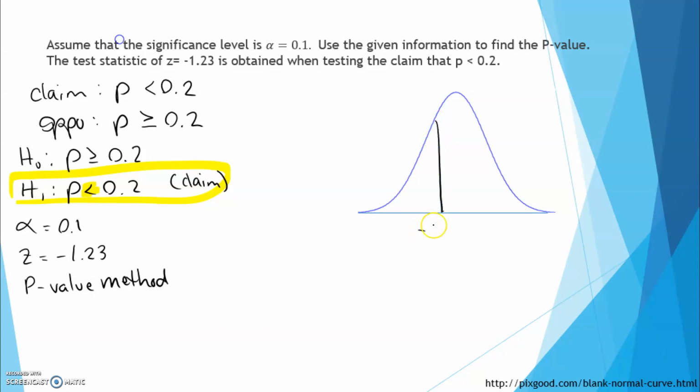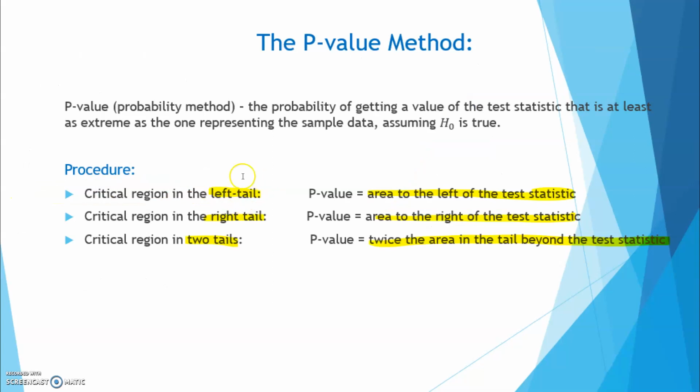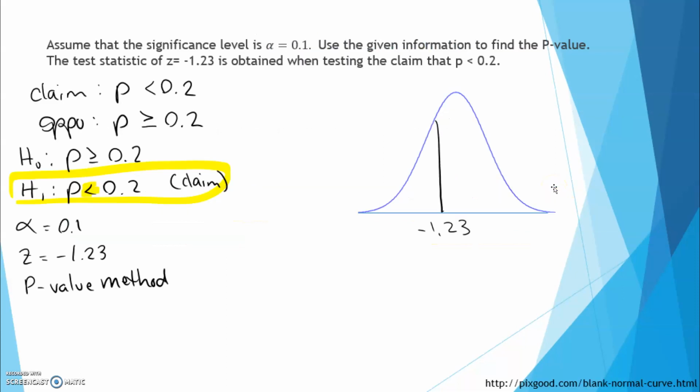So here's my test statistic of negative 1.23. In a left-tailed test, the p-value will be the area to the left of the test statistic. So I need the area to the left. So this right here.